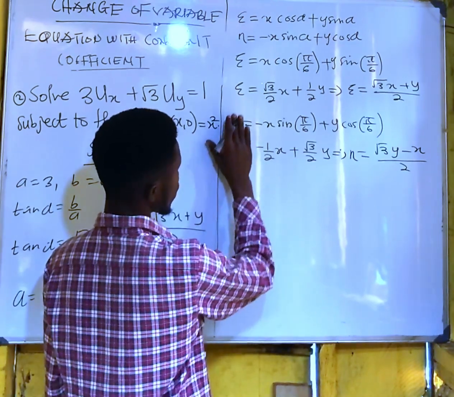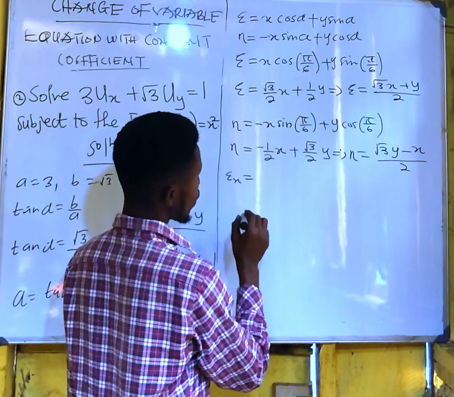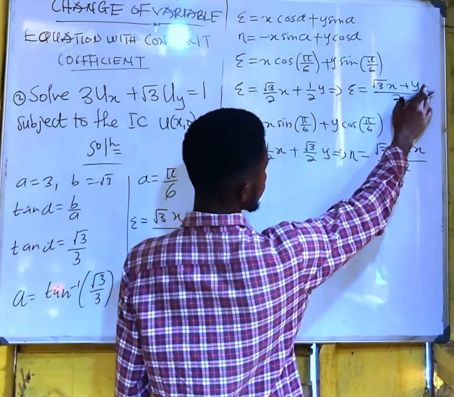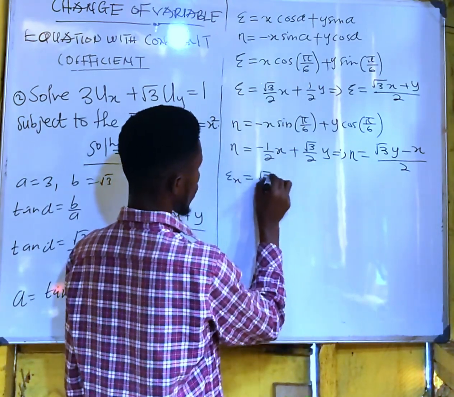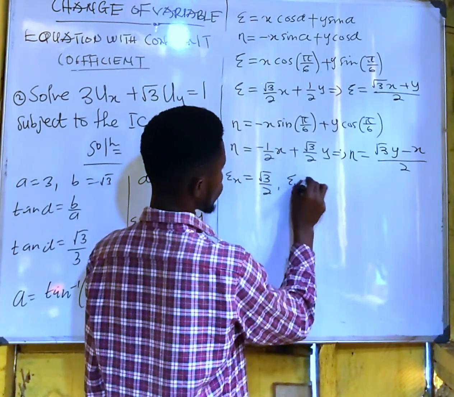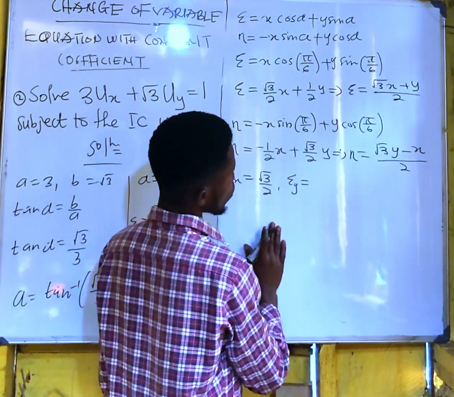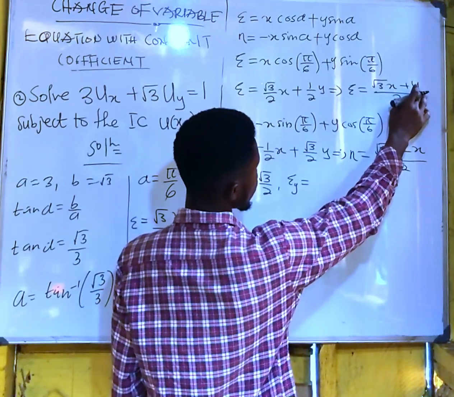First, let's differentiate the xi with respect to x. If I differentiate this with respect to x, this y will go to 0. Then here x will go to 1, leaving root 3 over 2. If I differentiate the xi with respect to y, x will go to 0, everything here will go to 0, y will be 1.